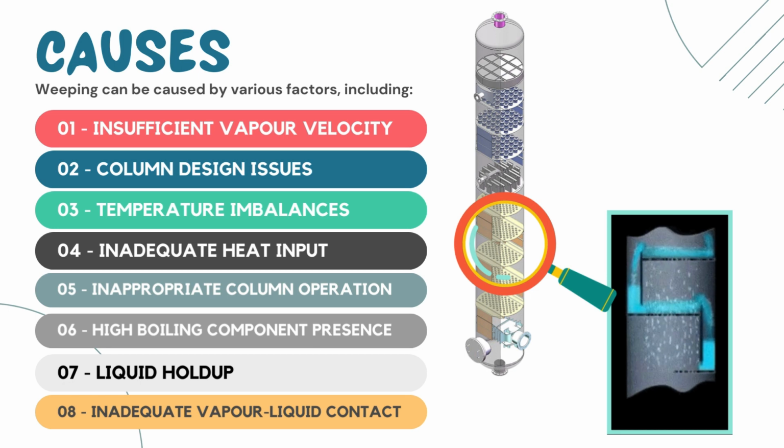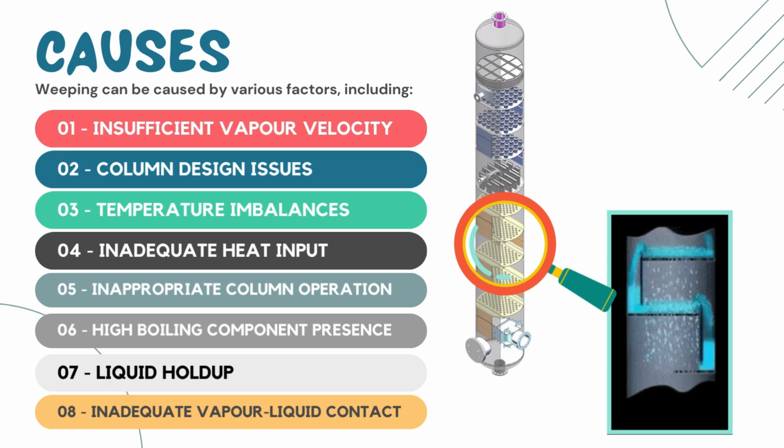Now guys, the next factor which can cause weeping in a distillation column is liquid holdup. Guys, liquid holdup on the trays or in packing material can occur due to inadequate drainage or improper tray design. And guys, this can result in the accumulation of liquid and increase the likelihood of weeping. Okay?